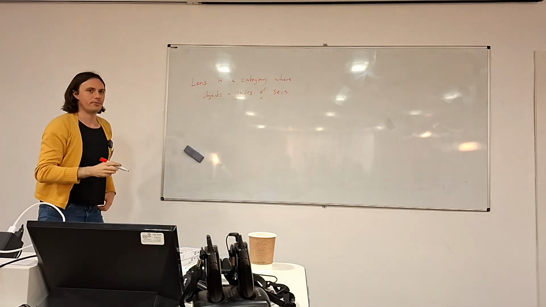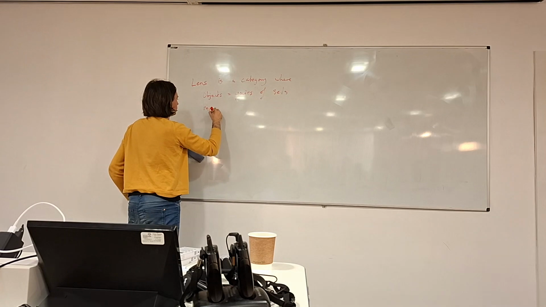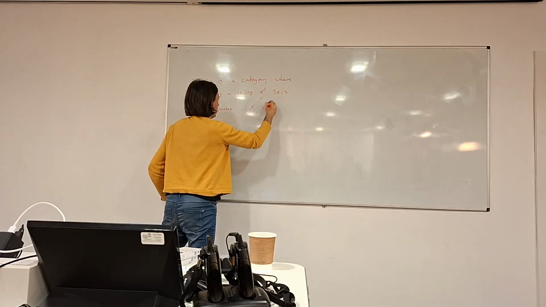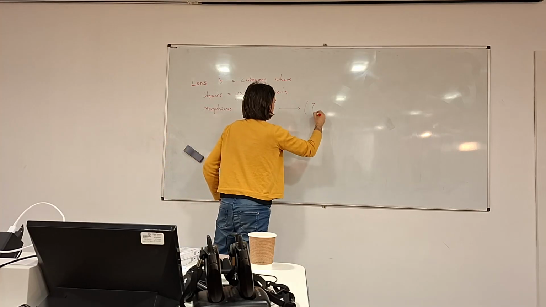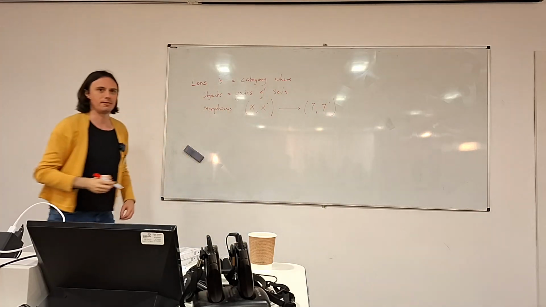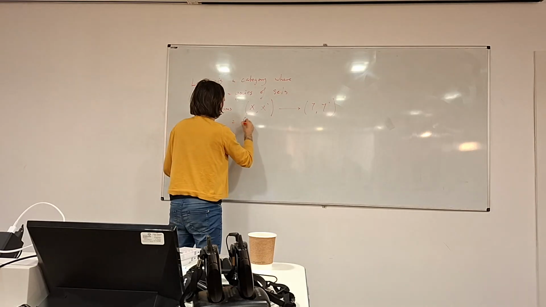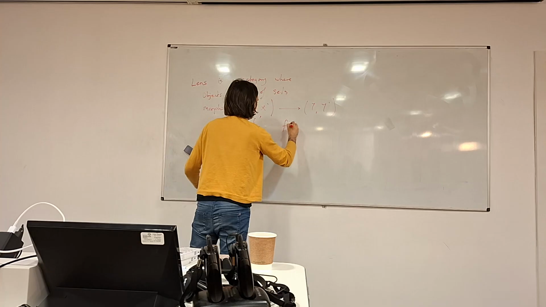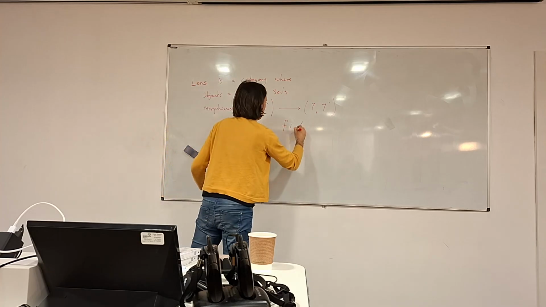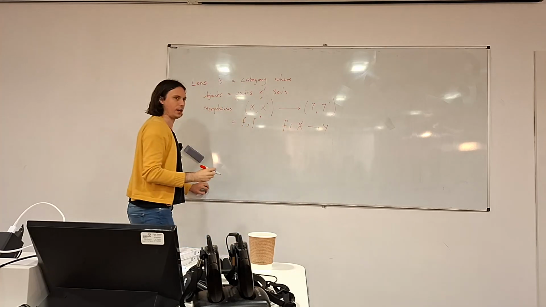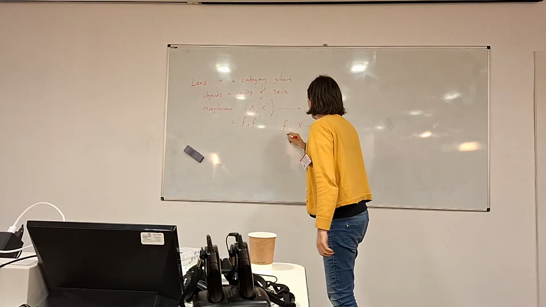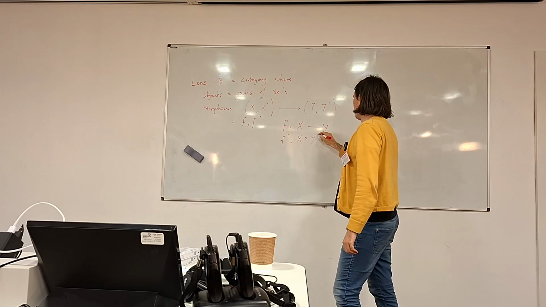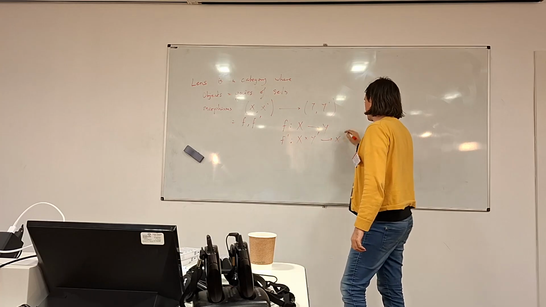And morphisms from the pair (X, X') to the pair (Y, Y') are going to be pairs of functions, where f is going to be a function from X to Y, and f' is going to be the weird one. This is going to be a function from X times Y' to X'.